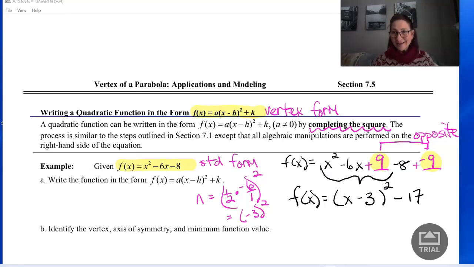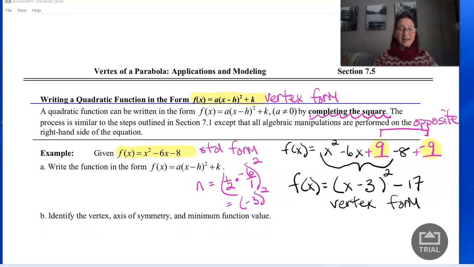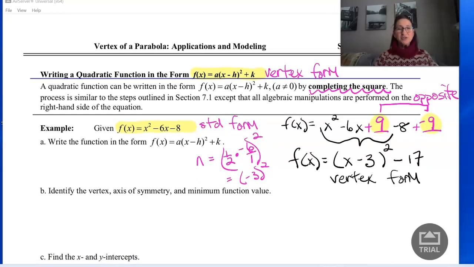That's done. Now this is in vertex form. And that's fabulous, because now I can do my next step, which is to identify the vertex, the axis of symmetry, and whether I've got a min or a max, which in this case it's going to be a min. All right, so let's go ahead and do that.